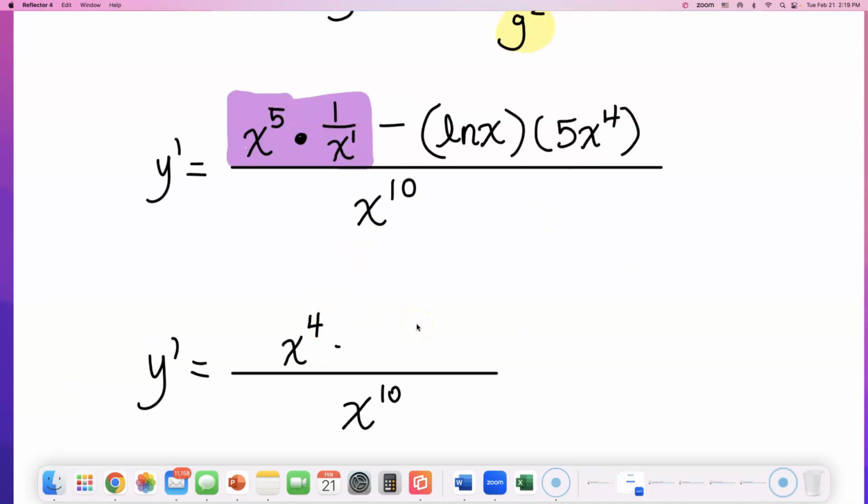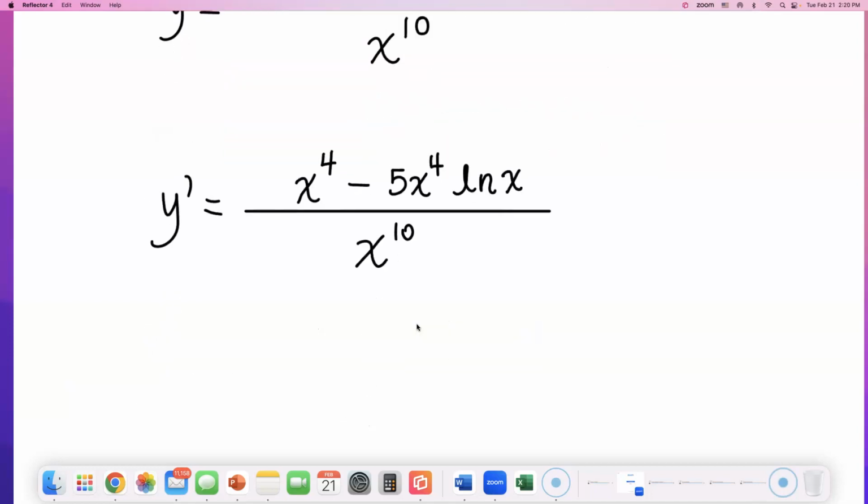Okay, now over there I have 5, and now I just write that 5x to the 4th first. And then I put ln x afterward, okay? But now we can simplify some x's. Look, I'm going to highlight the x's that we can cancel out. The first term has x to the 4th. The second term also has x to the 4th. This bottom is x to the 10th, okay?